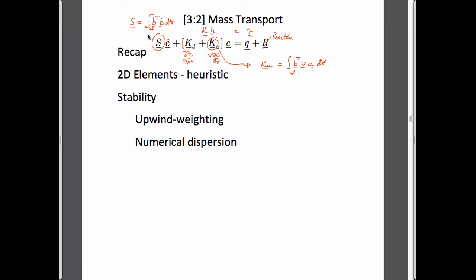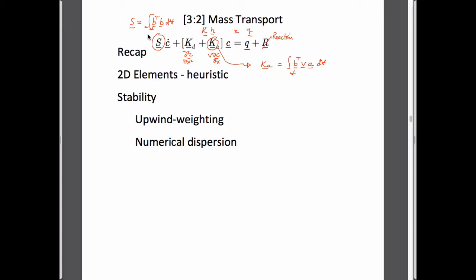B transpose B represents the volume of the element, nothing more than that, just distributed between the different locations. And we can make the call as to whether we will do consistent mass or lump mass computations with that. The ones we did in class were lump mass.